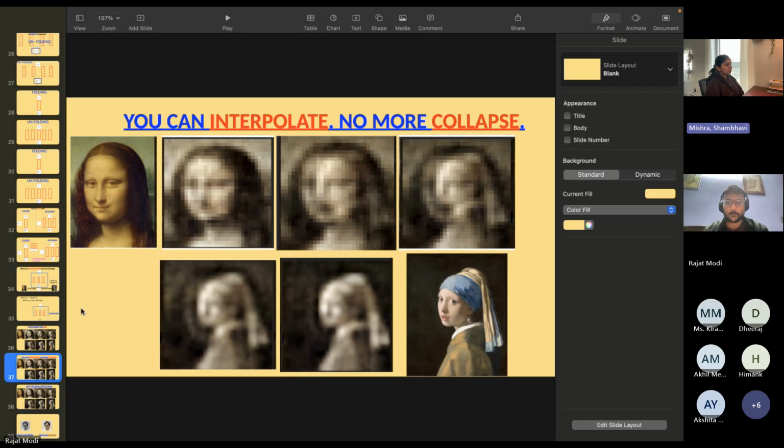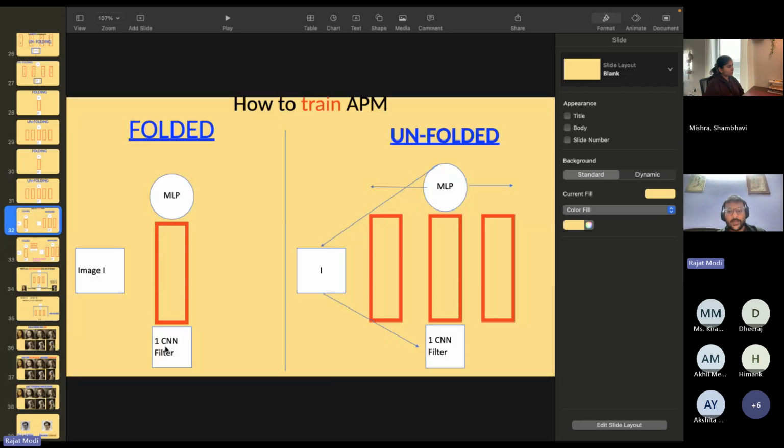One more question: you're talking about transitions between folded and unfolded states, do you have stability concerns? No, there's no loss of information happening when you're folding, because all the information is in this CNN filter.